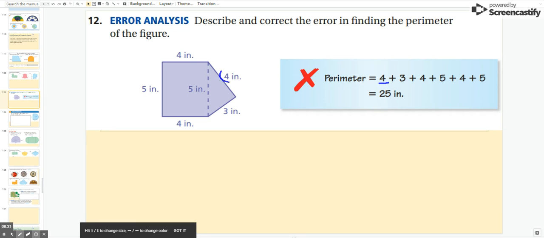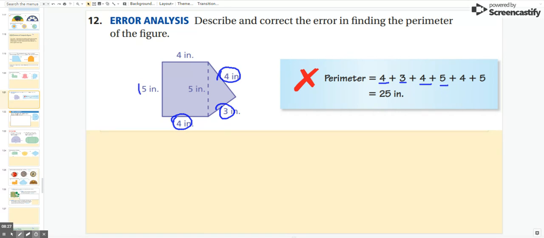We have 4 here, 3 here, 4 here, 5, and 4. Where is 5? We only have 5 sides around the shape, but this person has an extra 5. I think that person added the inside, right? So the answer should be minus 5 from the incorrect answer. So it should be 20 inches.